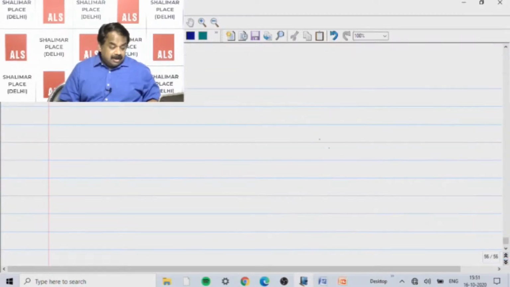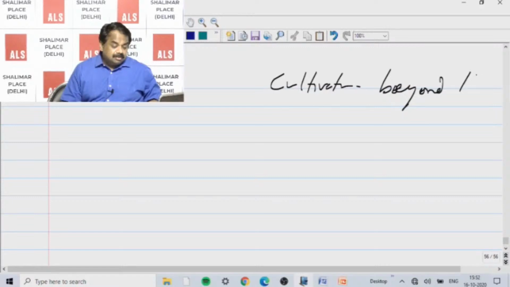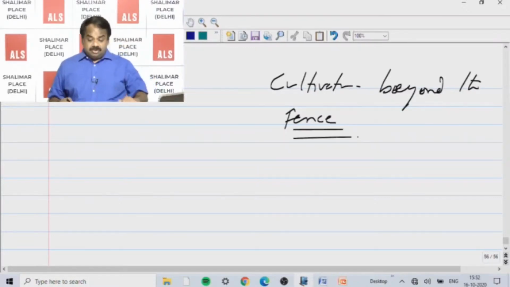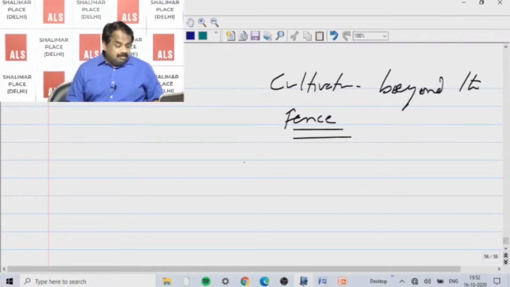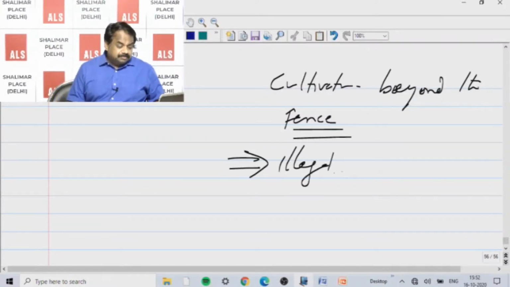So the cultivation beyond the fencing is also an issue. Then a big issue between India and Bangladesh is illegal migrants.